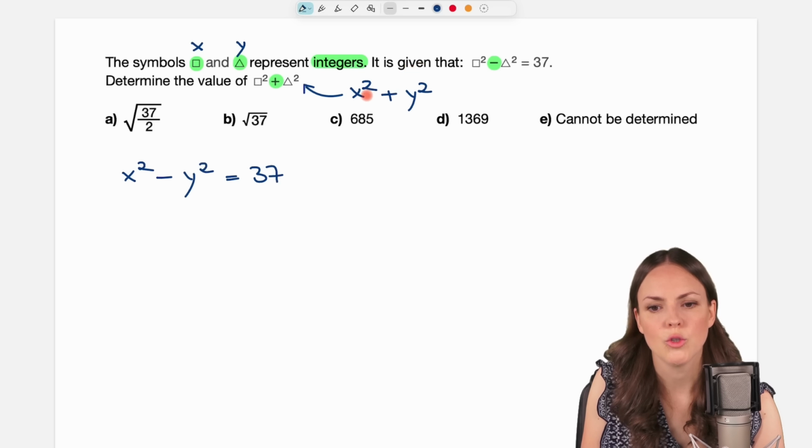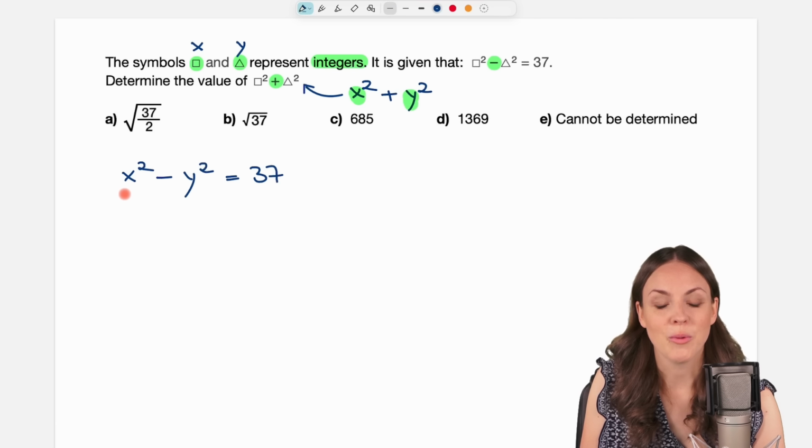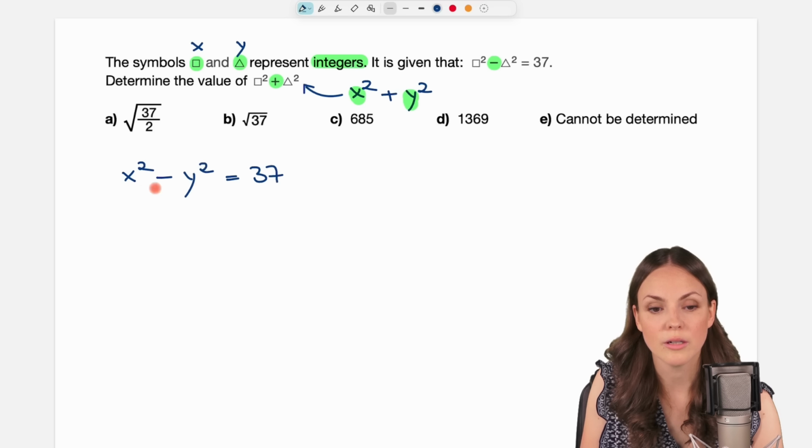So if we can find x and y, we can find our expression in the end. But we only get this one equation, and we have two variables. But we keep in mind that x and y are integers. That should help us.